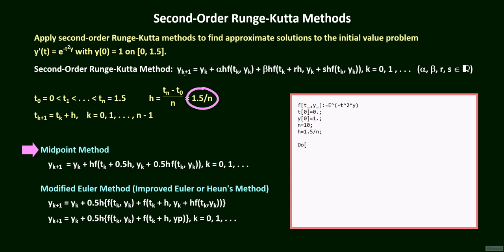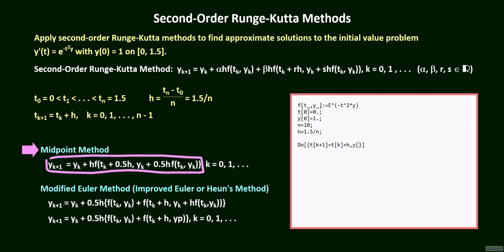We apply a do loop for the recursion. Inside the do loop, we have a set of commands starting with t sub k plus 1 being equal to t sub k plus h. Then it's the recursion for the y sub k's.